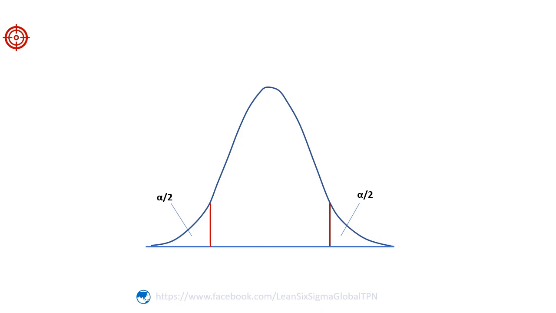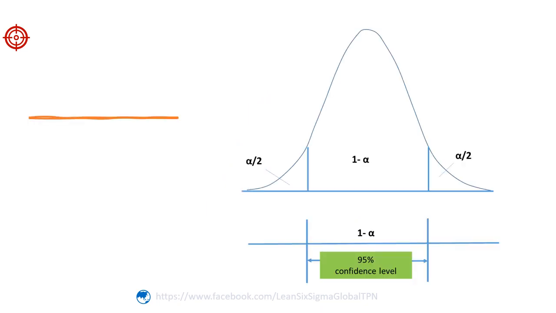In this case, alpha would be evenly split on either side of the distribution because the alternative hypothesis considers the possibility of observing values on either tail of the normal distribution.